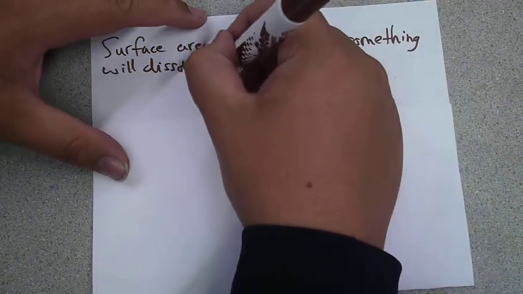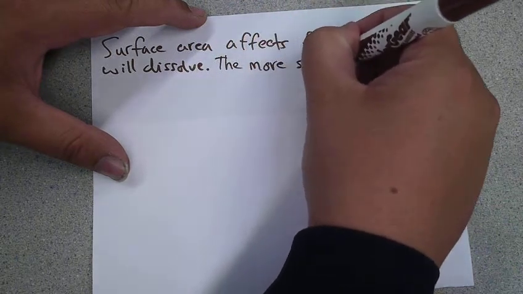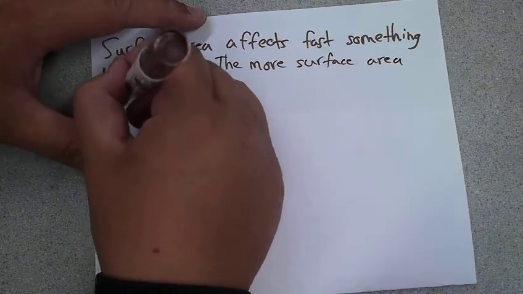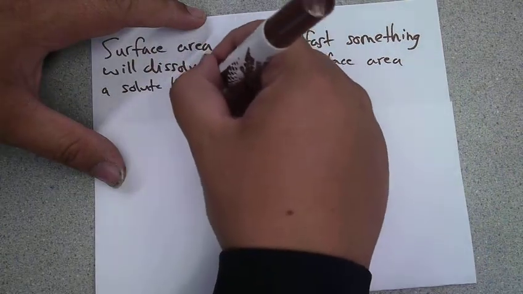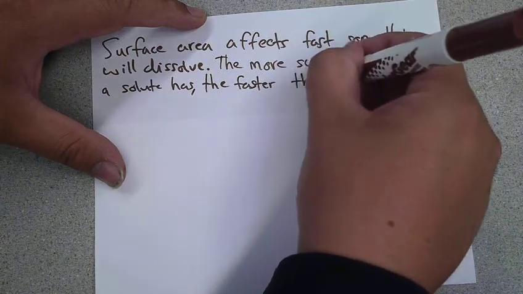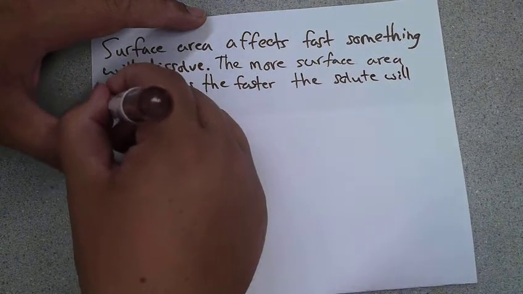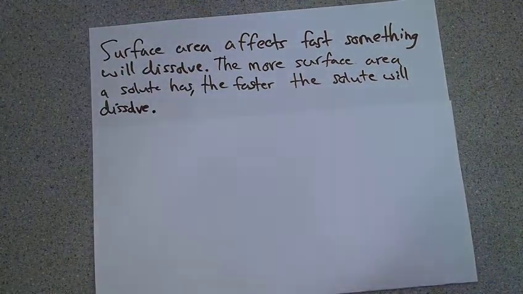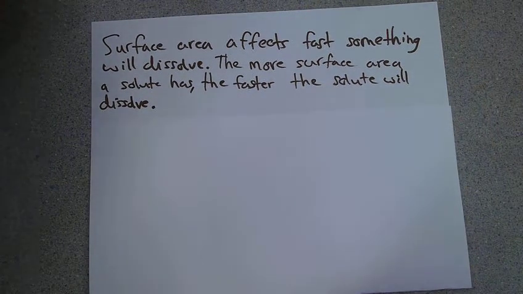So the more surface area a solute has, the faster the solute will dissolve. All right, and so I shall show you a very concrete example of that, I hope anyway.